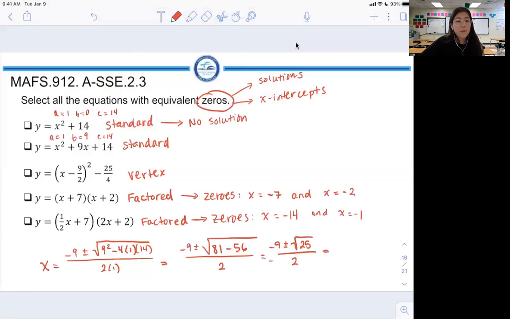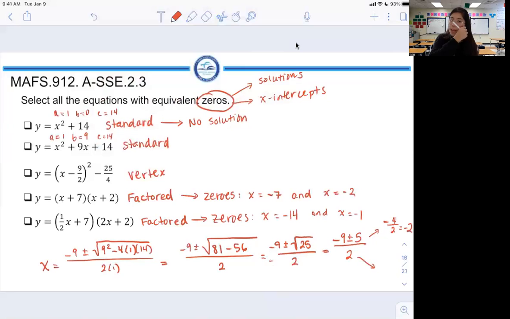And remember, we have positive and negative. So this is negative 9 plus or minus 5. So we have to add 5, and then we have to subtract 5. Negative 9 plus 5 is negative 4, over 2, which is negative 2.